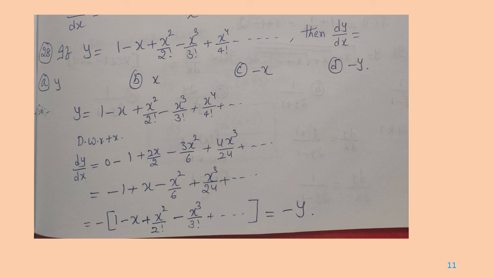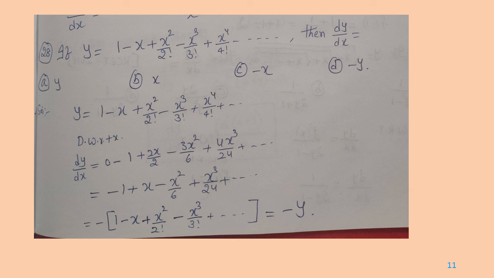If you differentiate with respect to x, dy by dx equal to differentiation of 1 is 0, differentiation of x is 1, differentiation of x square will become 2x and 2 factorial is 2, minus differentiation of x cube will become 3x square divided by 3 factorial which is 6, plus differentiation of x power 4 will become 4x cube divided by 24, plus etc.